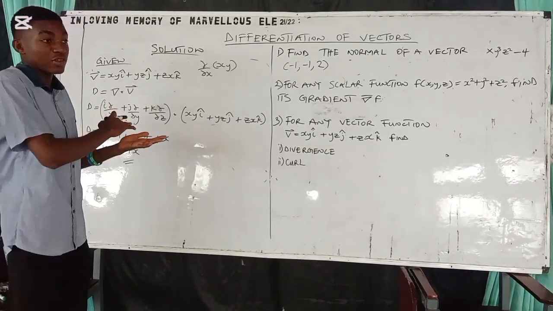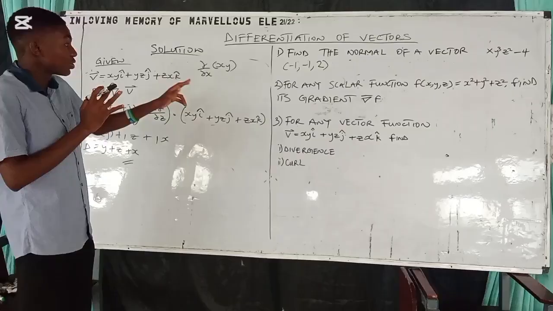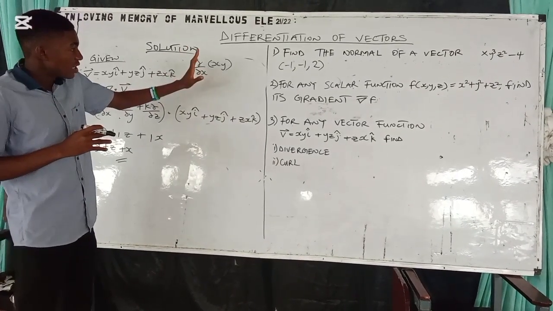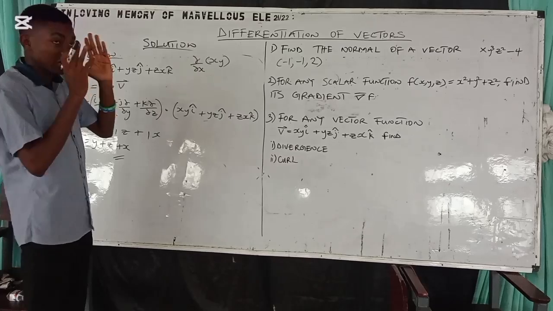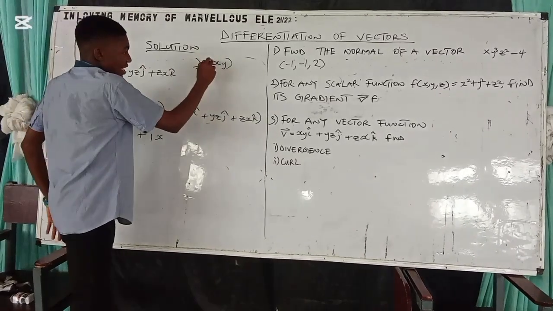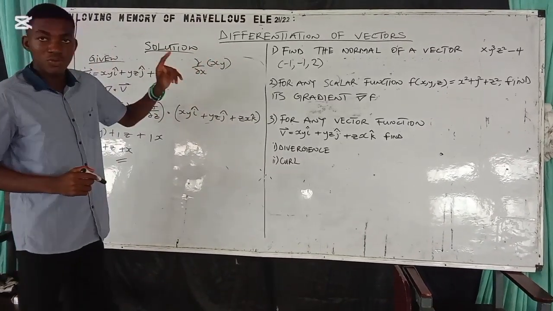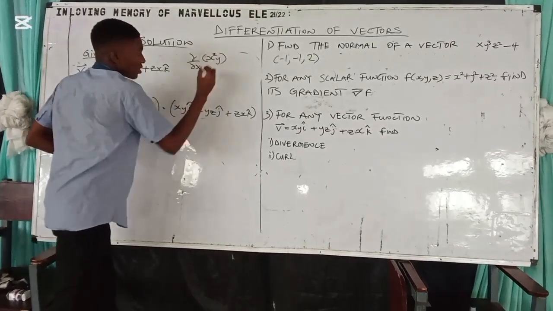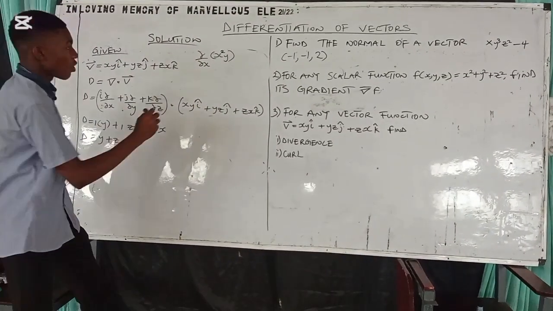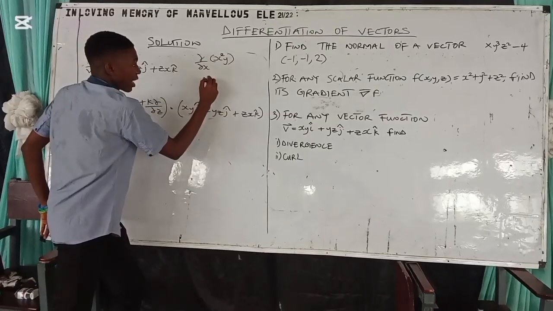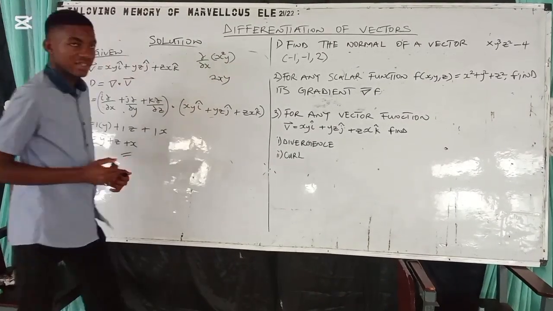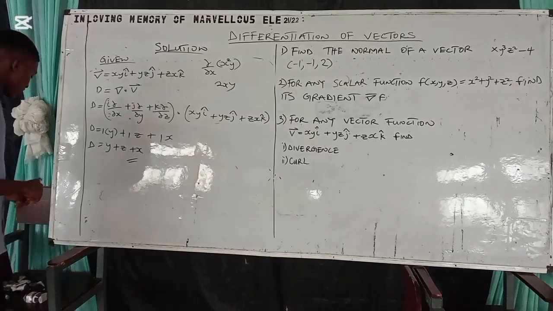Partial meaning you focus on the one in the denominator, which is x. So differentiate x here, it will turn to 1. What do we have left? Y. But if this is x squared, differentiating this now, differentiate only x, you have 2x. Y is still left. That is how partial derivation is.